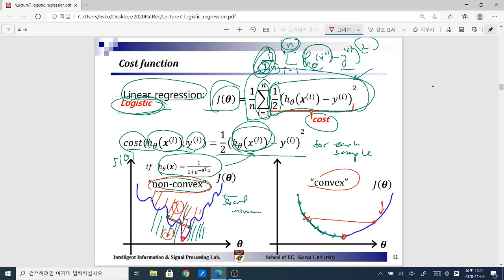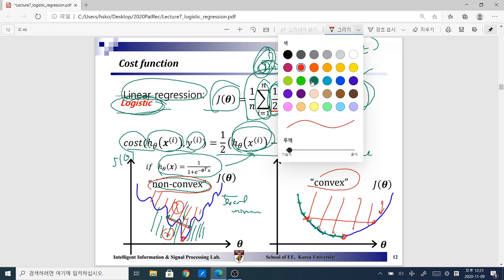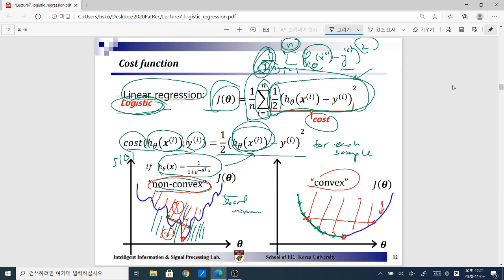If it does not go through two regions like that of the non-convex, then we say that it's a convex function. Okay, so what this convex function also tells us is that the global minimum is guaranteed, and there's no local minimum.